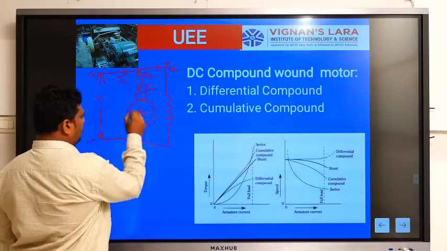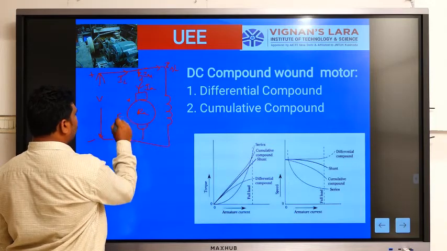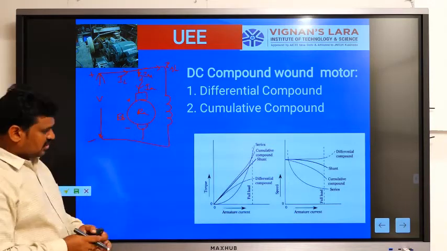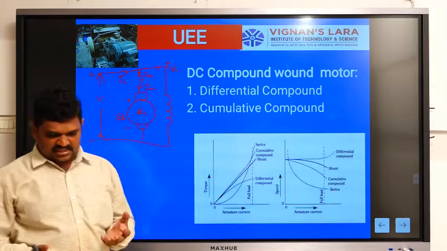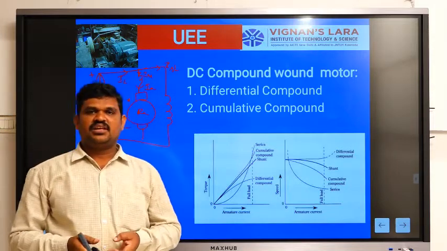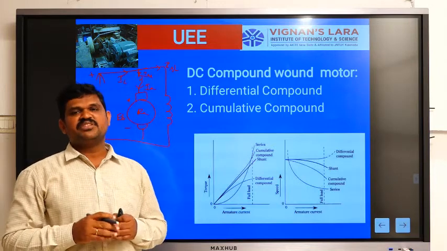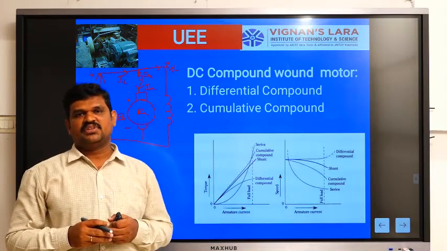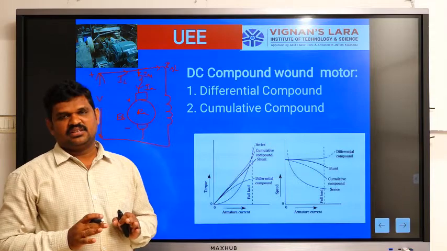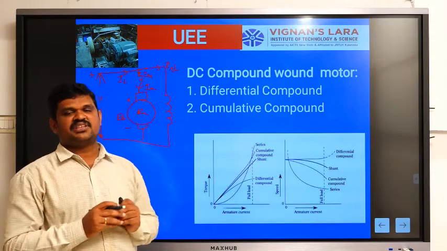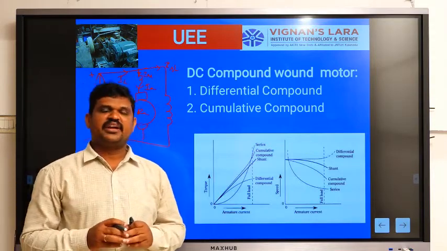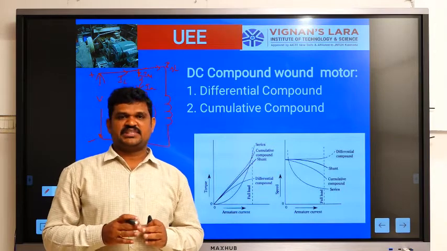So what is the need? Why do we go for these compound machines? If you observe the series and shunt machines, the series machine has a high starting torque, but the shunt machine has a low starting torque. But the disadvantage of the series machine is that at no load it operates at dangerous, high speeds.